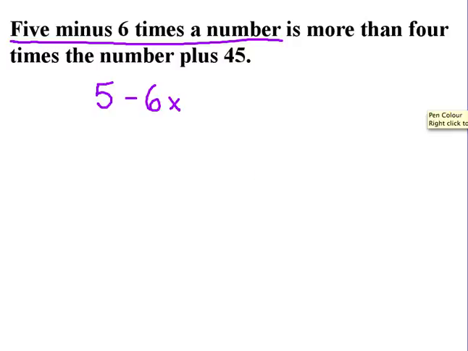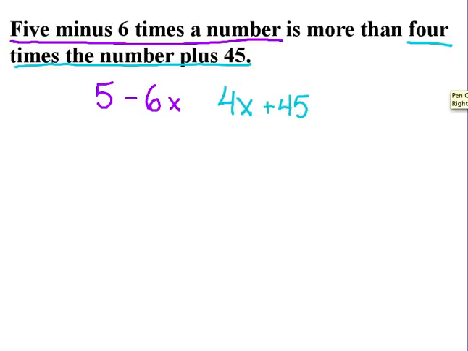Now I'm going to pick up and use this statement right here: 4 times the number plus 45. What would 4 times the number plus 45 be? 4x plus 45. Right. And now what I need to do is figure out what the inequality is that goes in between these. I look at what it states: is more than. So what inequality would correlate to that?